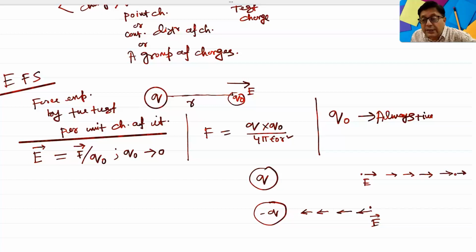What is that? That is the direction in which a vanishingly small test charge will experience force. Due to plus Q, the direction of electric field is radially outward.